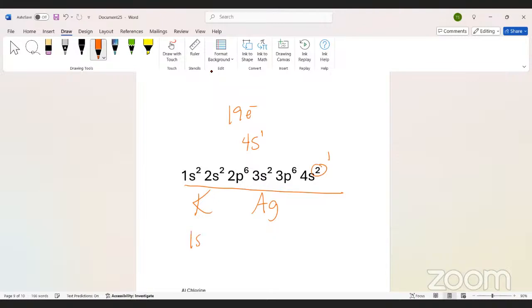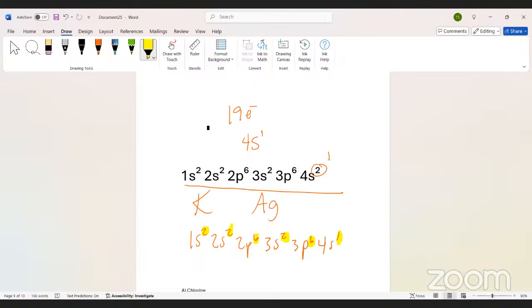So we would write out 1S2, 2S2, 2P6, 3S2, 3P6, 4S1. And if you add all those together, you will end up with 19 electrons. 2 plus 2 plus 6 is 10, plus 2 is 12, plus 6 is 18, plus 1 more gives you 19. And there you have it, 19 electrons.